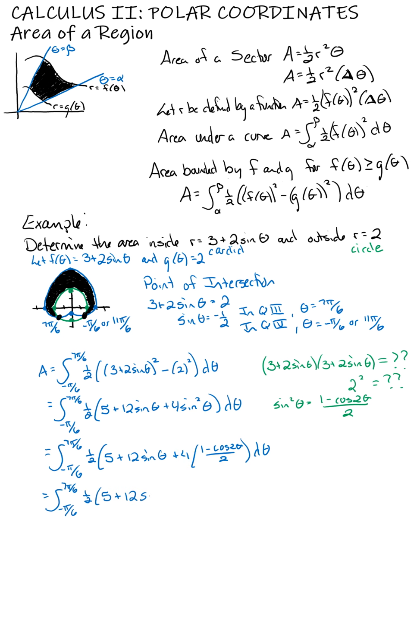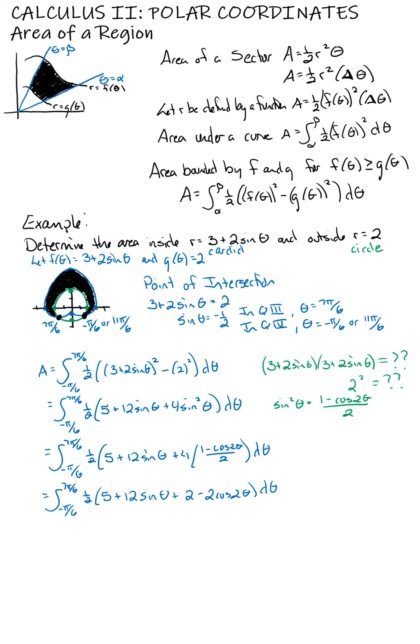There in the back, all this front stuff is the same. There in the back we have 2 times 1 minus cosine. Actually, you know what? Let me go ahead. We could do this all together. I'll reduce that and go ahead and distribute that too, so we get plus 2 minus 2 cosine 2 theta d theta.